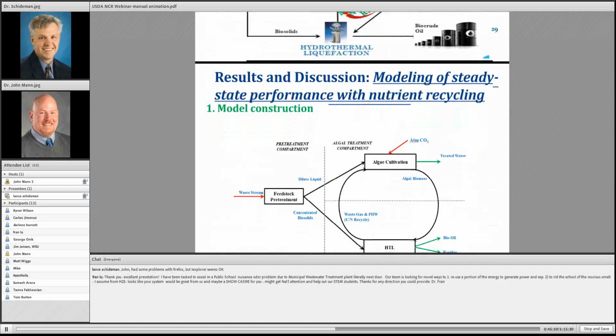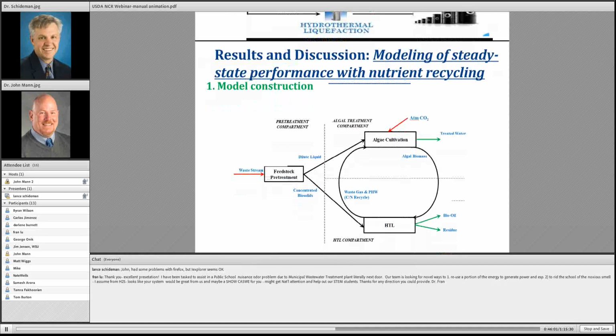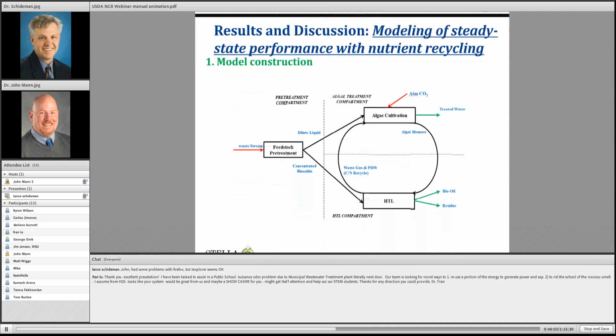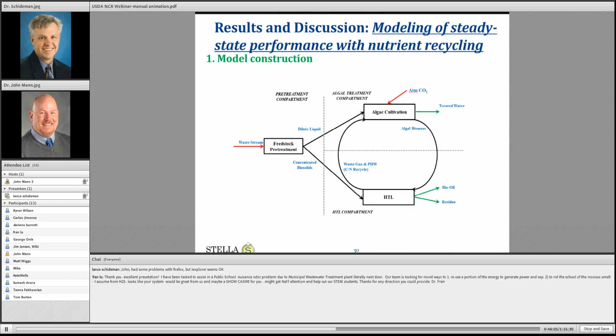So then the next step is to see what would happen if we did this over a long period of time and had all of the internal steady state recycling going on. So we have a fairly complicated model that we've put into the Stella modeling platform, but it looks simple on this particular slide where we have feedstock pre-treatment, which is the settling tank.